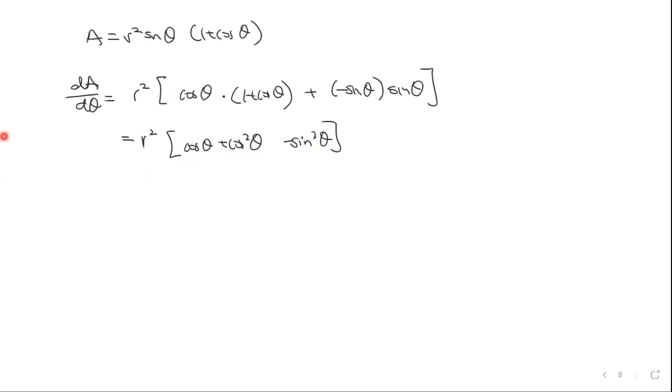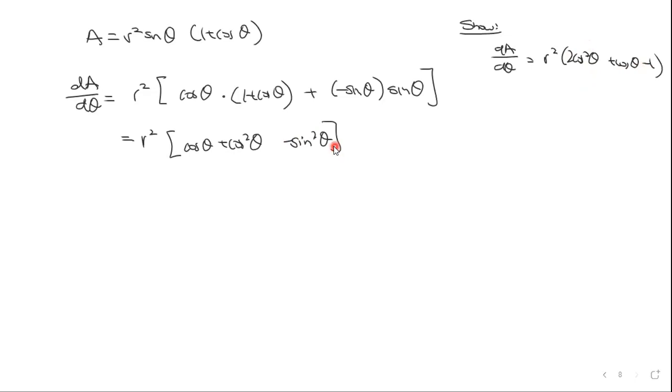So they want you to show that it's this. So we've got the cos theta already. We'll just keep that. We've got a cos squared, but we don't have two of them, and we've got a 1.